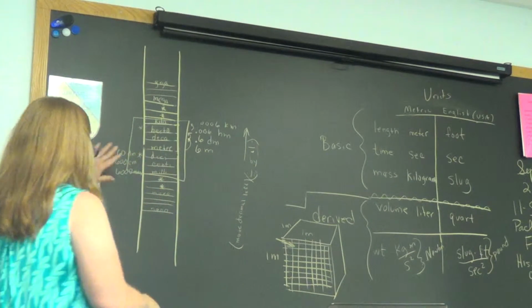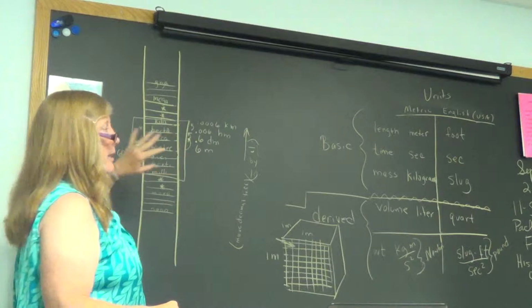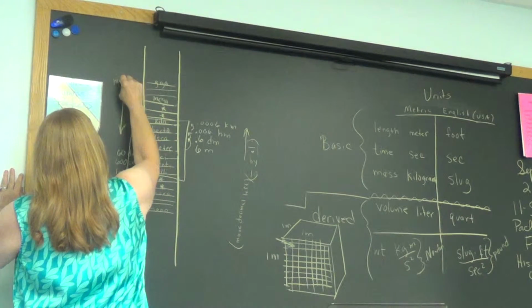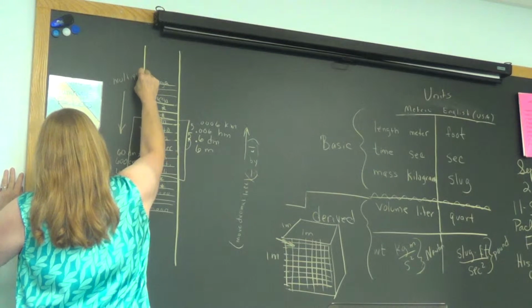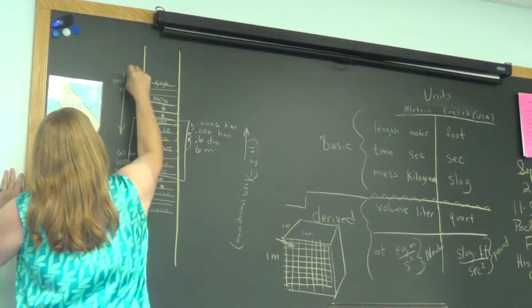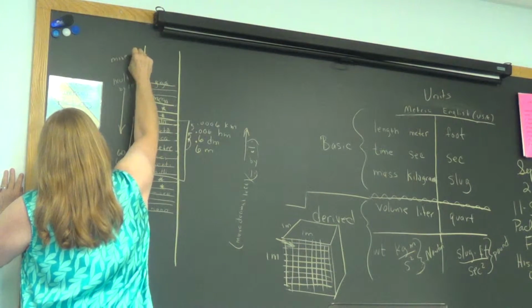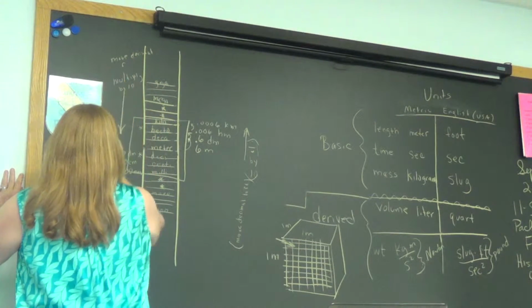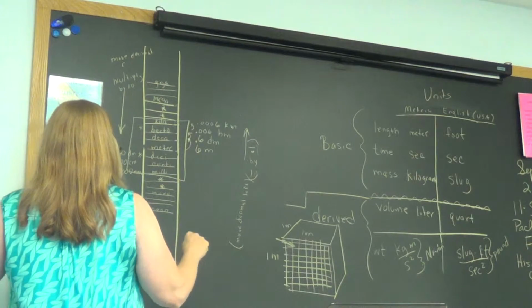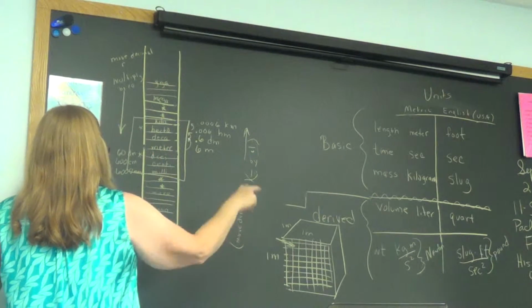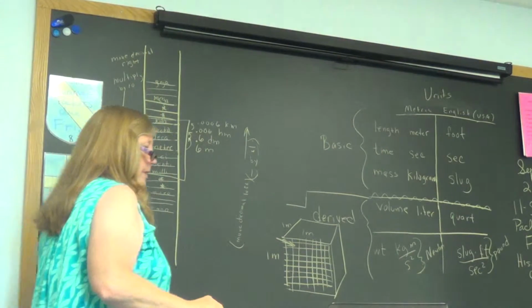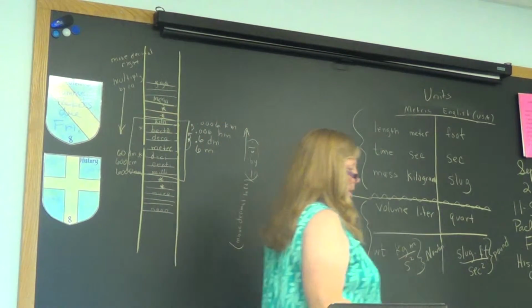So on this side, don't write these numbers, it'd be too cluttered, but write the arrow going down and multiply by 10, and move the decimal. We move the decimal to the left when we're going up, and we're going to move it to the right going down, and that makes it very easy to do.